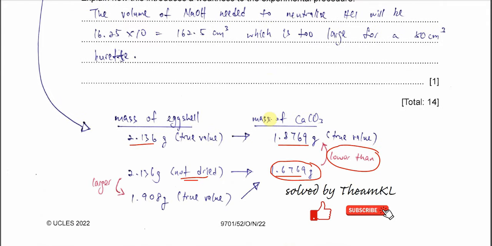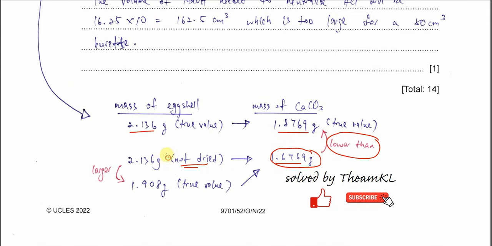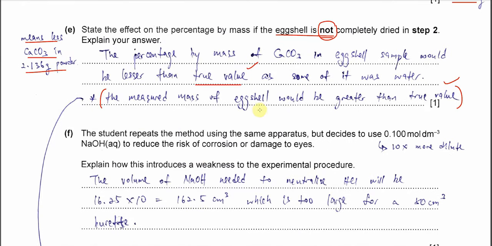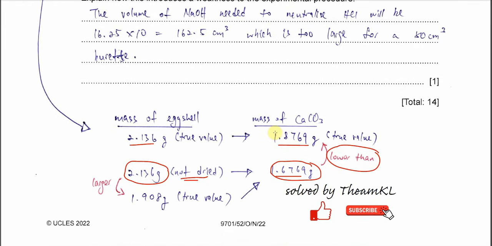And this is the measured mass. In this statement again, the measured mass of eggshell would be greater than the true value. If 1.6769 gram is obtained, the true value that needs to be measured is actually 1.908 gram, not this. So the true value to get this mass is actually 1.9 something.